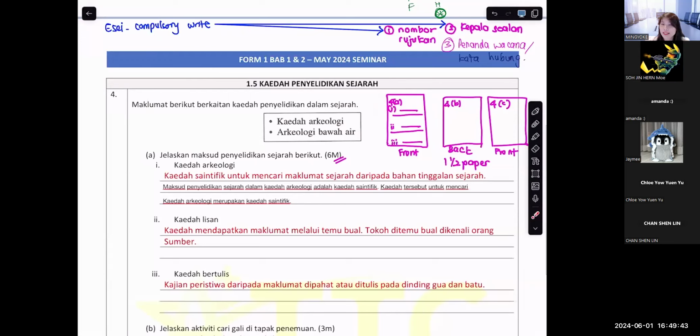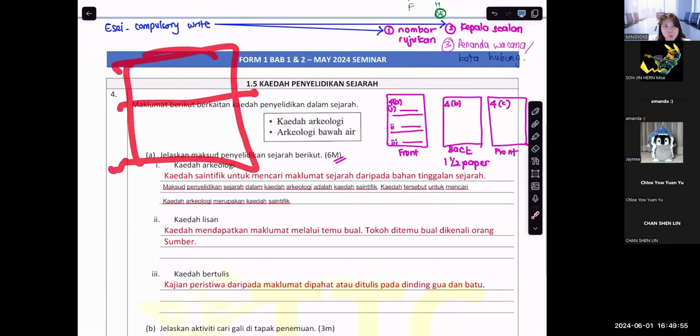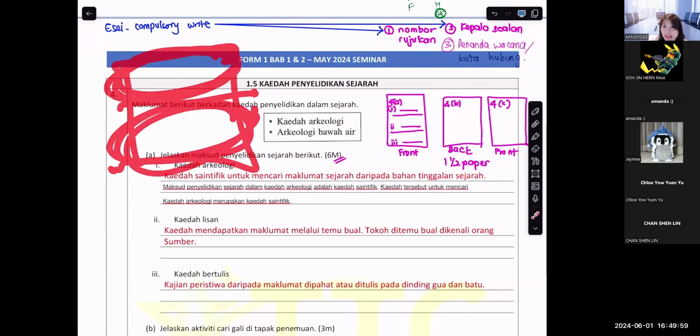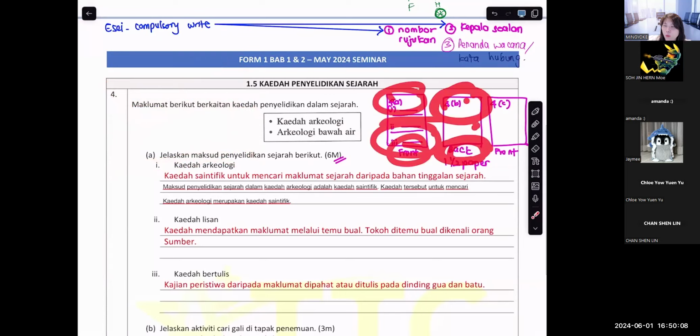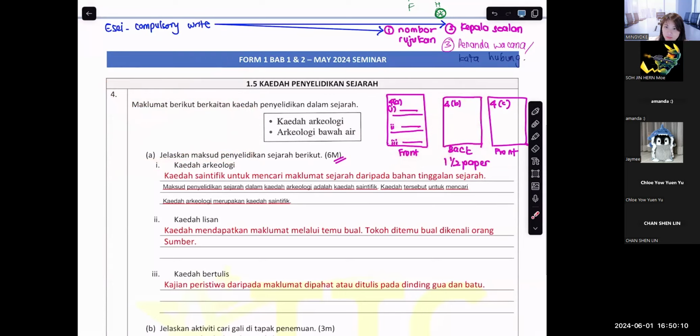And the best way, I will advise you all, if you have enough test pad, if your teacher never limits. Some teachers limit them: half page 1A, half page 1B, and another one, the back, is 1C.